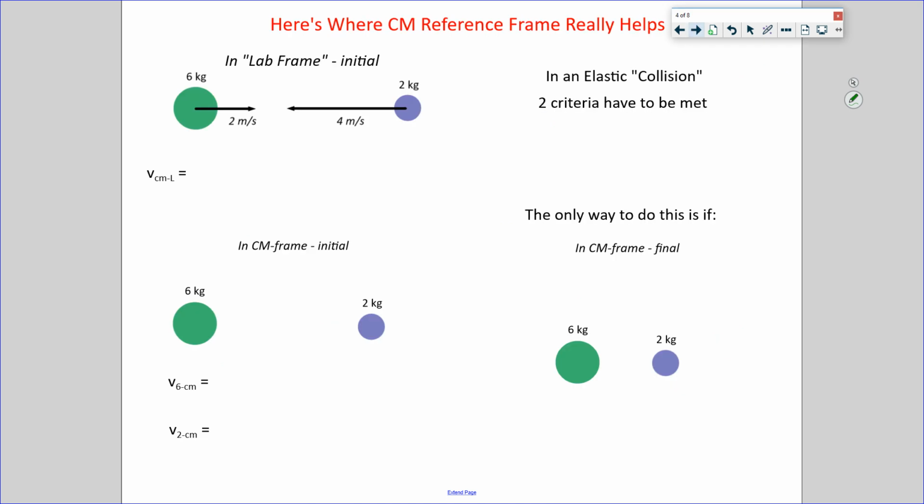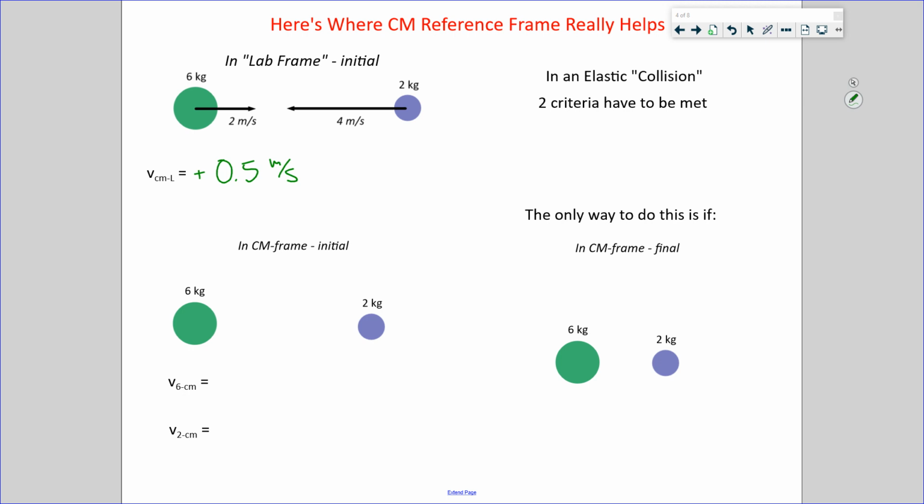Okay, so we have our same scenario before. The center of mass velocity we said is 0.5 meters per second, positive, meaning to the right.